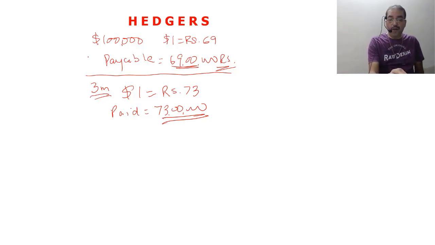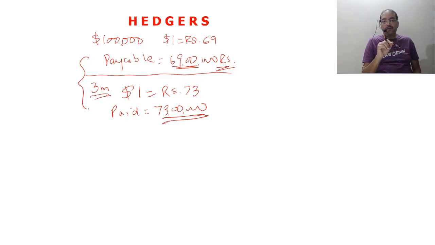So there was a risk involved here. What is the risk? The foreign exchange risk: the currency rate may increase. The value of the dollar may appreciate and the value of the rupee may depreciate. What is the meaning of the value of the rupee depreciating? It means I have to now pay more for the same dollar. I have to now pay 73 rupees for the same dollar.